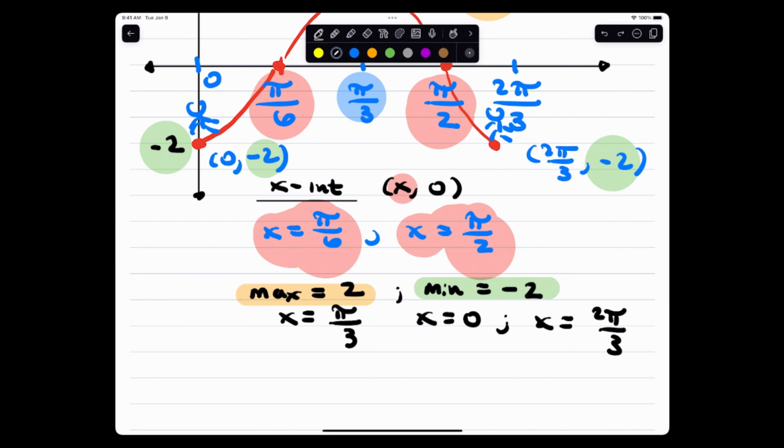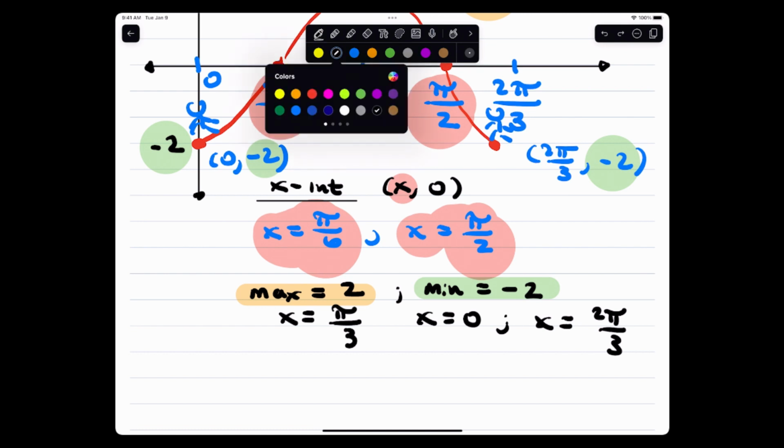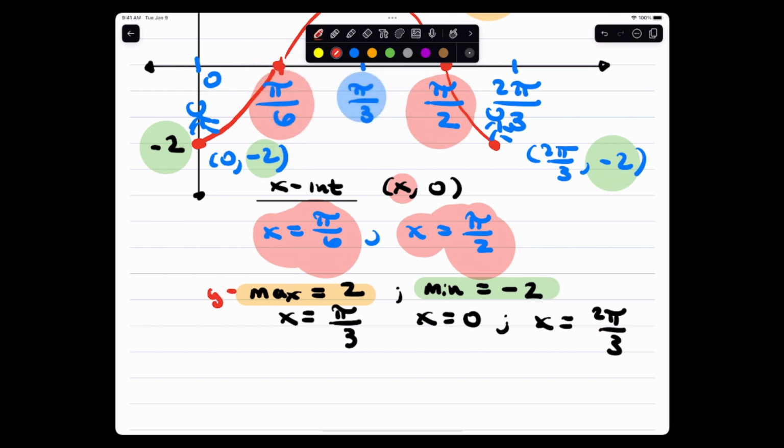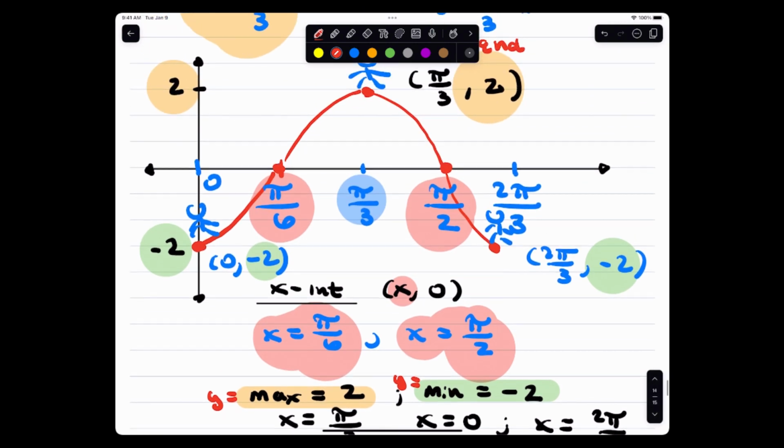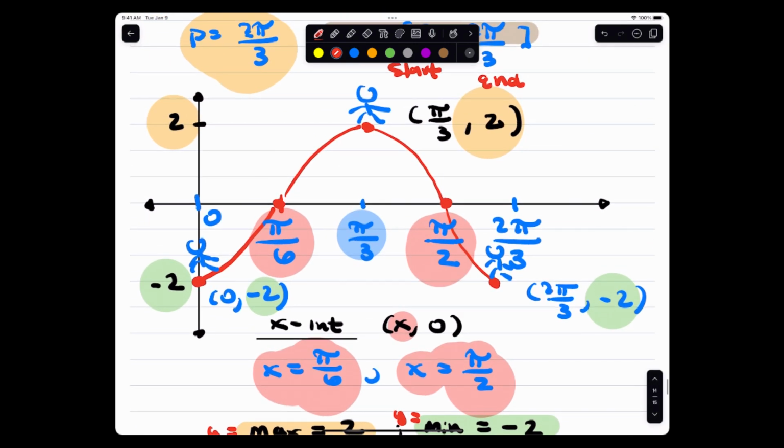So they're both what? Y values. Y equals and y what equals. There it is, ladies and gentlemen, there it is. Easy peasy, lemon what? Squeezy.